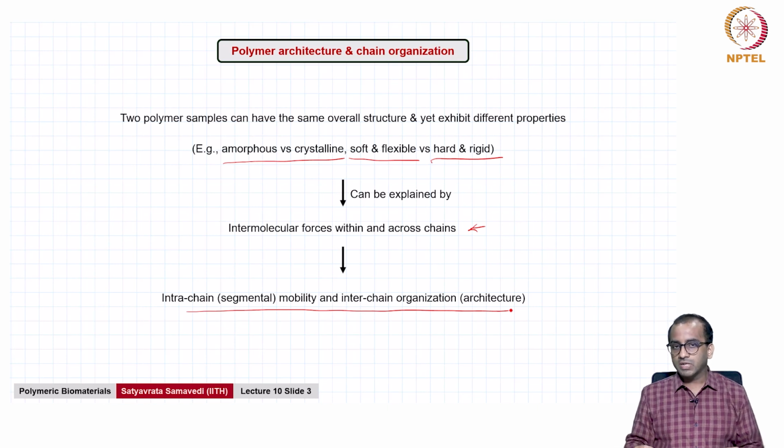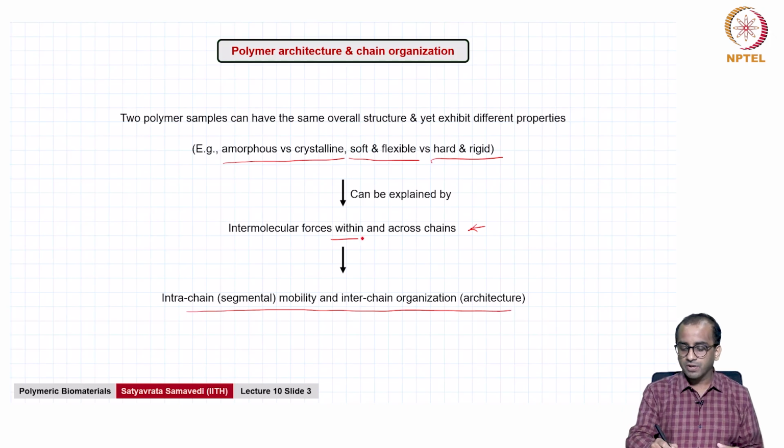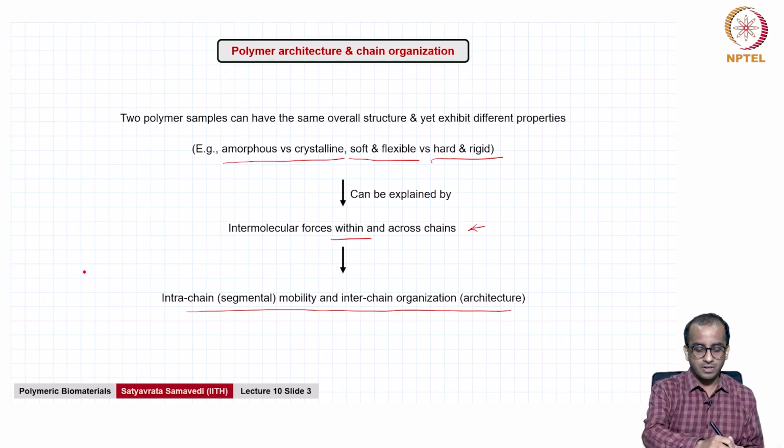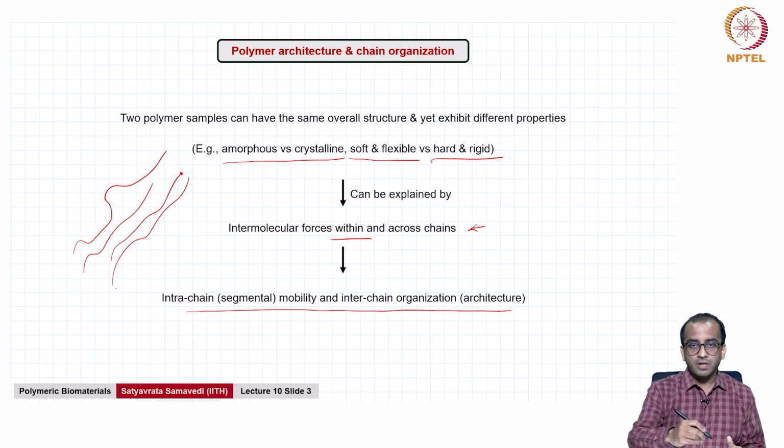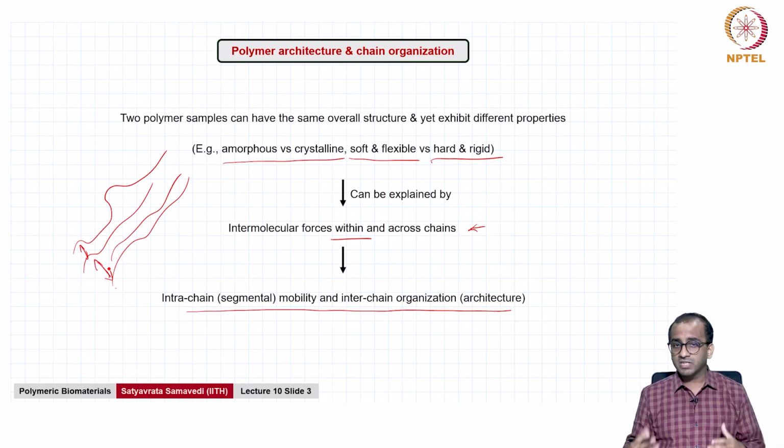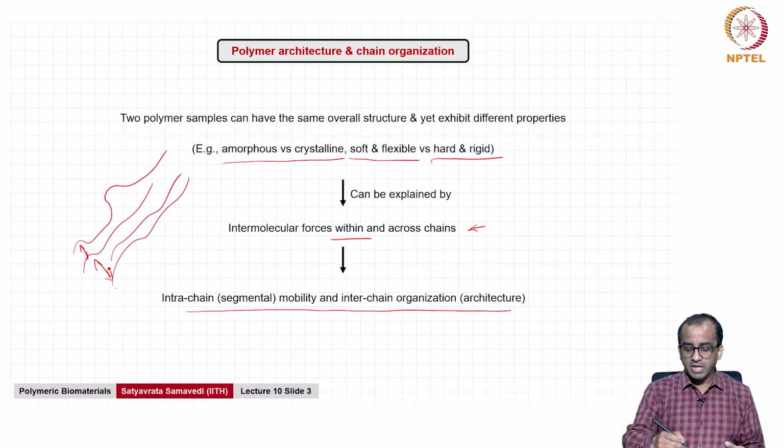So not only are you interested now in the types of forces and interactions within chains, you are also interested in interchain interactions, what are typically called secondary interactions. And as we will see, those can also have a very large impact on specific bulk properties.